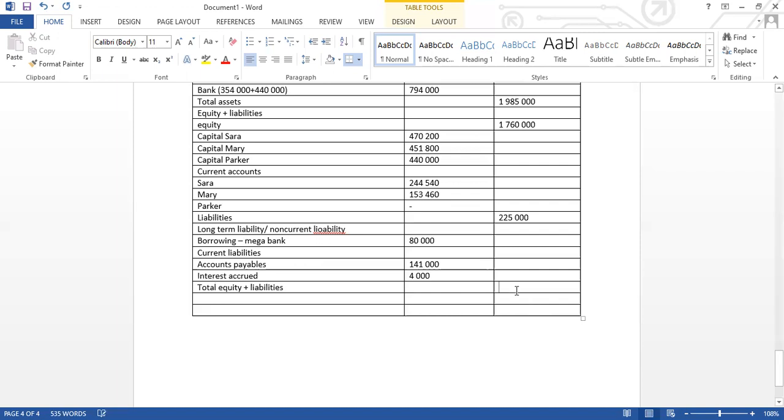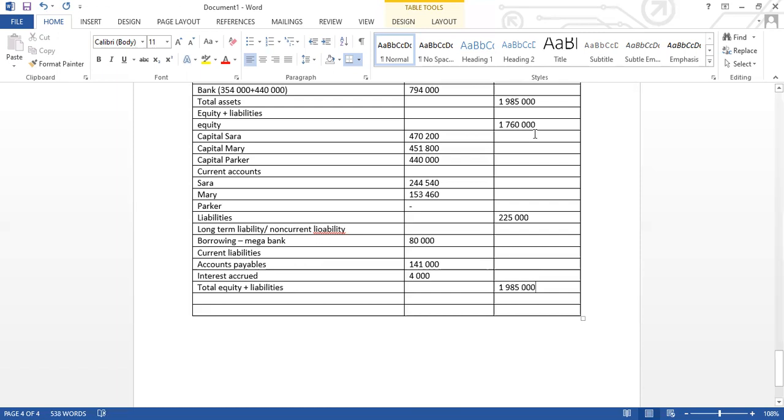Total equity plus liabilities will give us how much? 985,000.